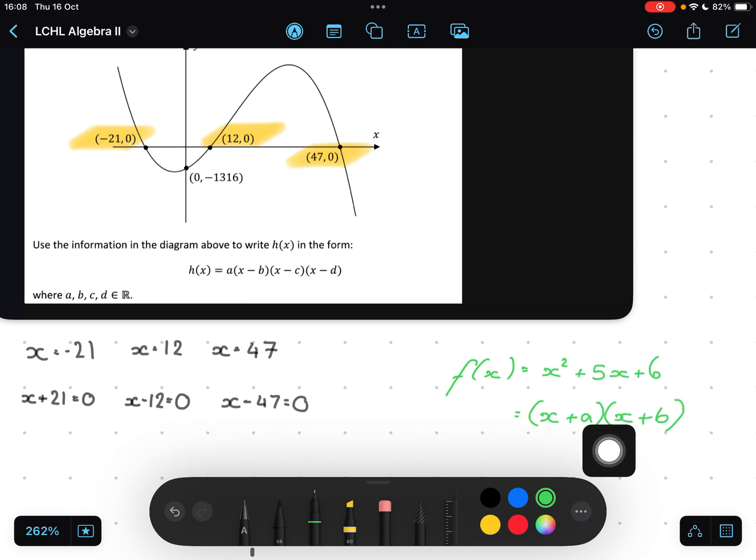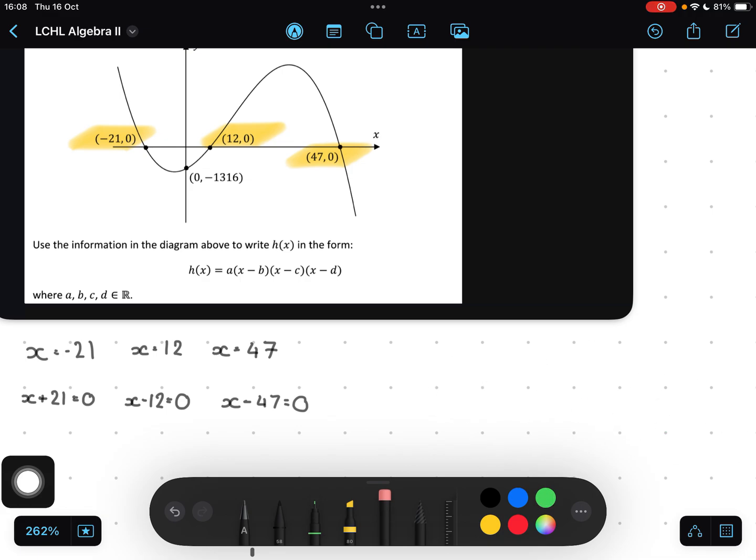You'd know I just have to write down the factors. That's what they've told me here. They've said write the function as a, so something in front of all the factors, all the things multiplying together to give me the function. So it's actually a really nice question. It's literally saying, what are all the factors of this? So I'm literally just writing out all the factors.